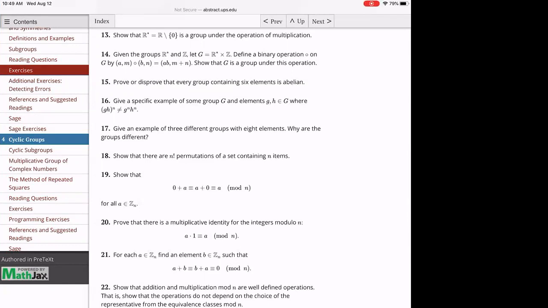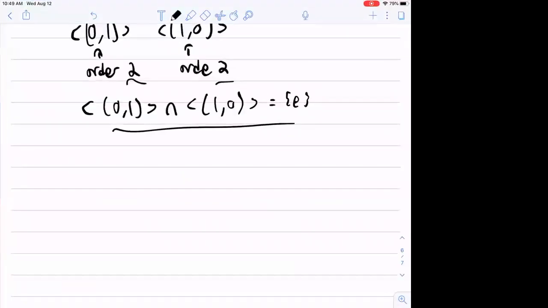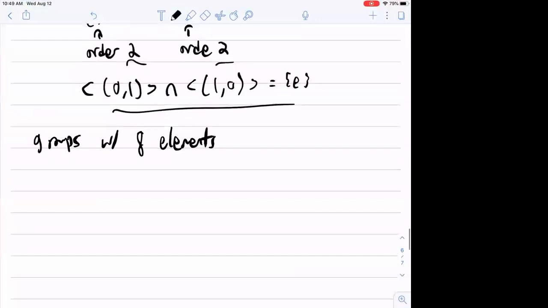Three examples of groups with 8 elements. How about this? I went over one, right? I'll leave this to you. I gave you one: D4, the symmetries of a square. Remember, there are 4 rotations and 4 reflections.